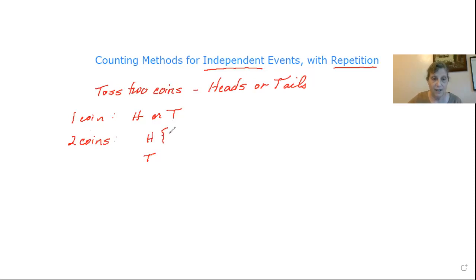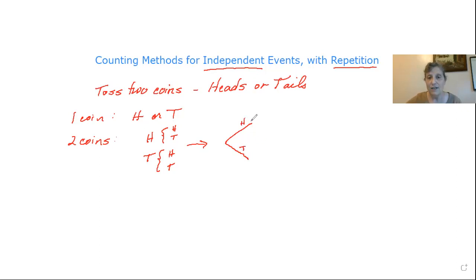So if the first one lands on a head, the second one could be a head or a tail. If the first one lands on a tail, the second one could still be a head or a tail. So this actually gives us 4 combinations, and frequently they'll set this up as a tree.